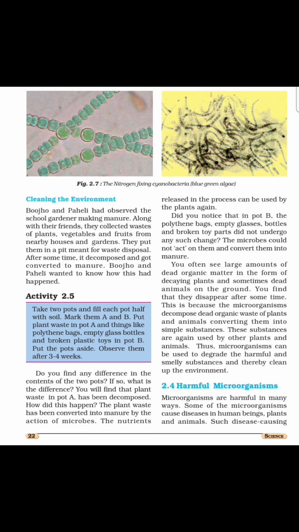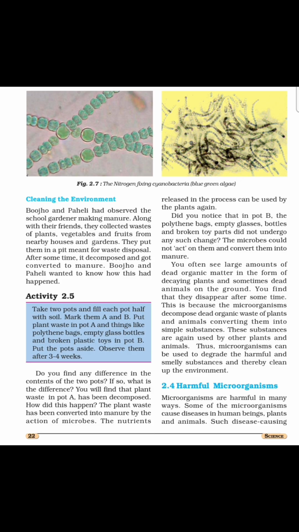The organic plant waste in pot A is biodegradable, meaning it can be broken down by living organisms, and the items in pot B are non biodegradable, meaning they cannot be broken down naturally by microorganisms.